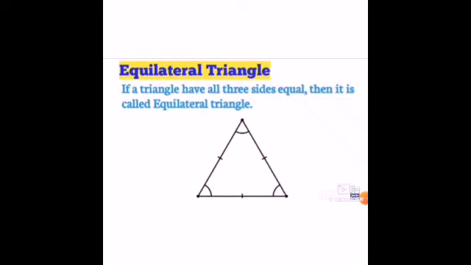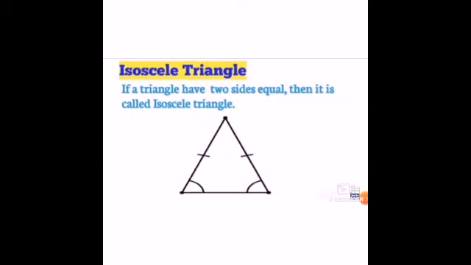So it is an equilateral triangle. Next one, isosceles triangle. If a triangle has 2 sides equal, then it is called an isosceles triangle. Here 2 sides and 2 angles in this given triangle are equal. That's why we can call it an isosceles triangle.